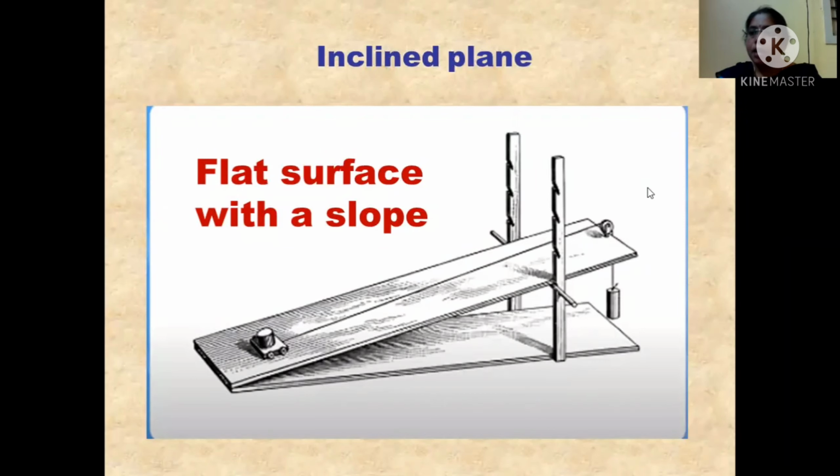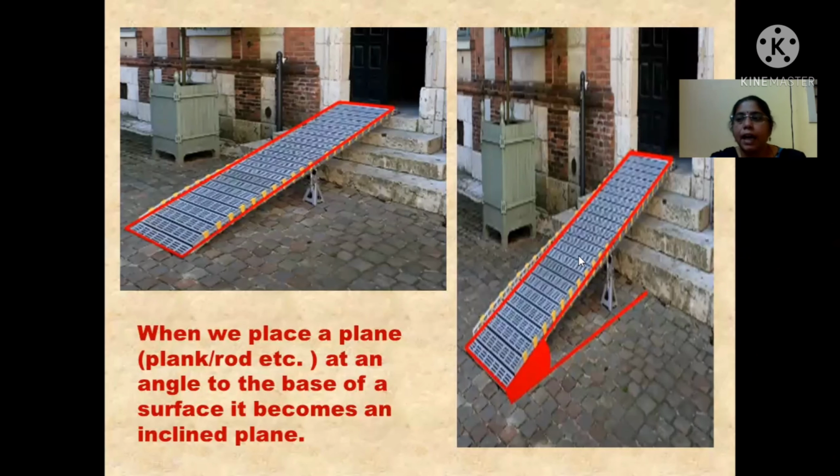Inclined plane. An inclined plane is a flat surface with a slope. When I place a plane, that is a plank or rod, etc., at an angle to the base of a surface, it becomes an inclined plane.